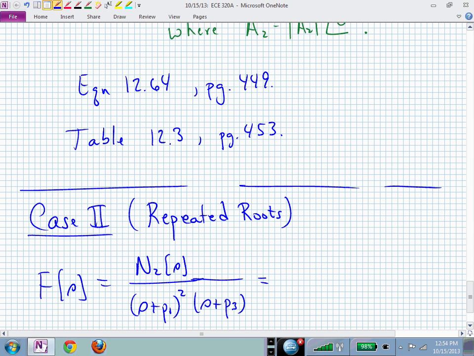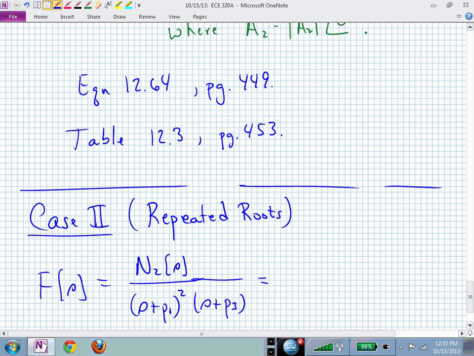Strictly less than 3. It's going to be 2, 1, or constant, as far as a polynomial in s, in order to continue. But now, what does my partial fraction expansion look like? How many terms do I have? I should have 3 because I have a third order in the denominator.